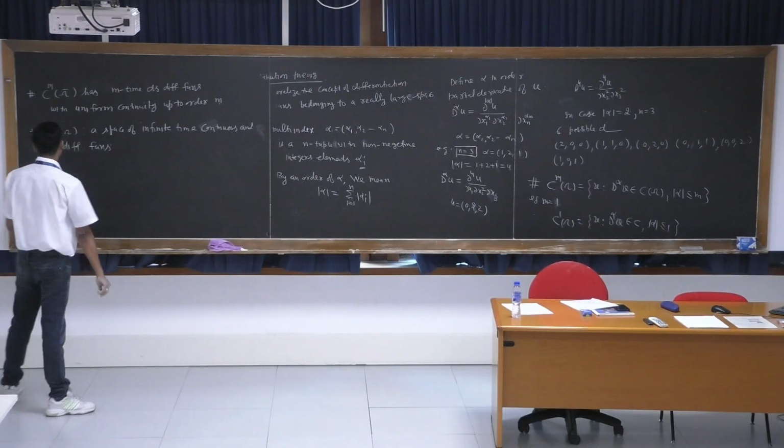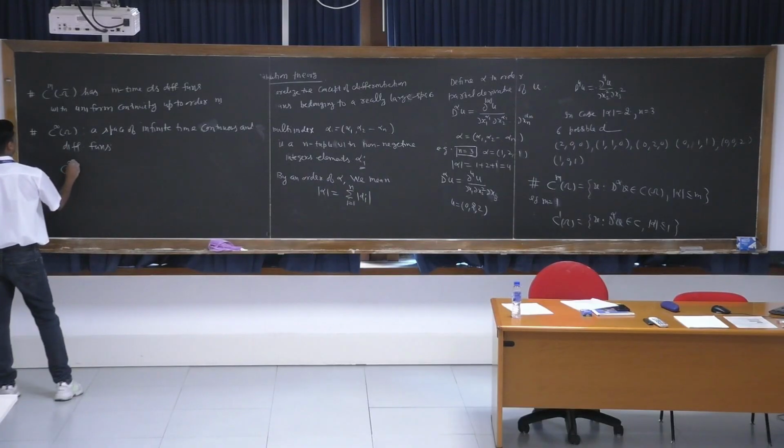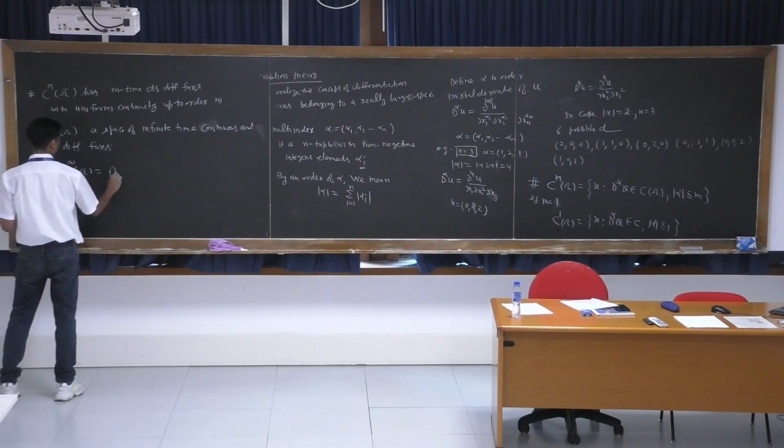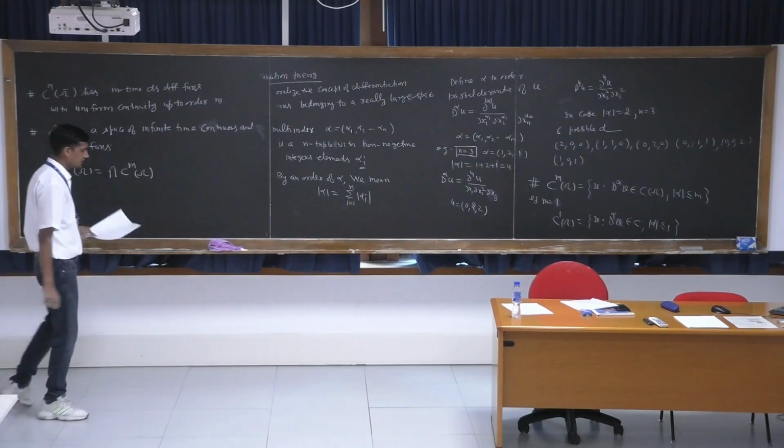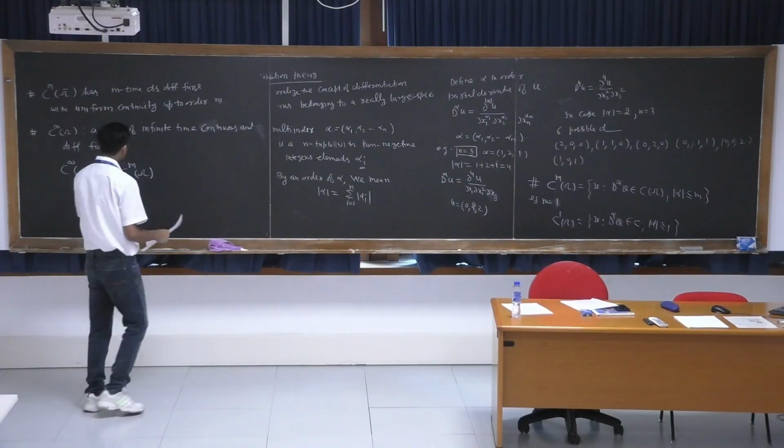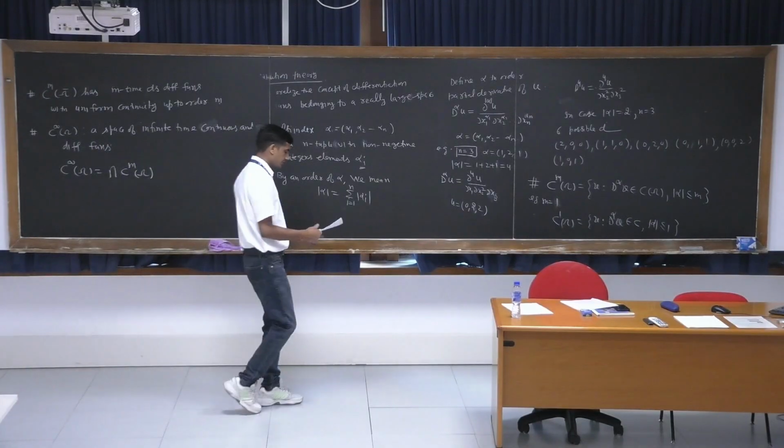So here you can write C infinity. This is just the intersection of the C^m. You can prove easily that it is the intersection of all these function spaces.